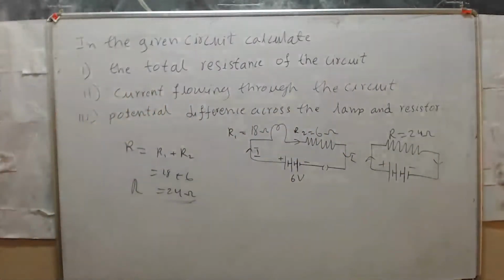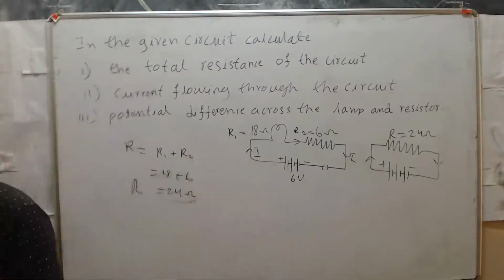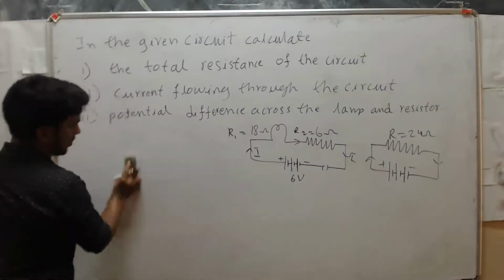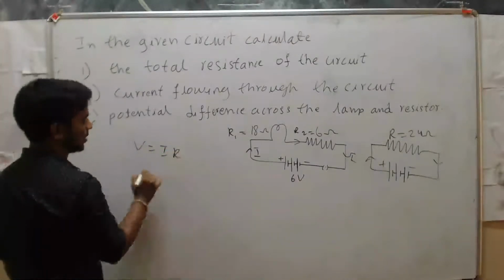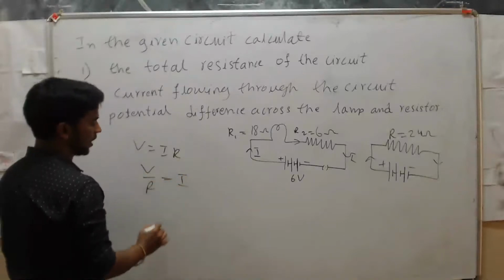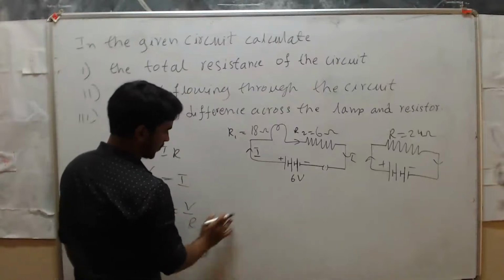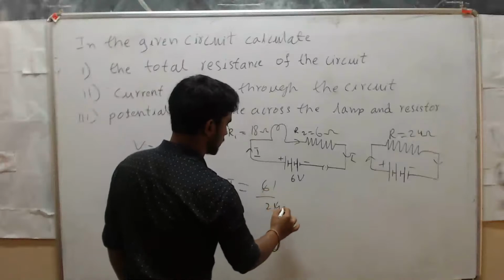Yes, next calculate the current. Wait, let's check. Okay, see here, so now we know the formula. V is equals to I into R, V by R is equals to I. I is equals to V by R. Substitute here, V is 6 divided by R is 24. 6 ones are 6, 4s are.